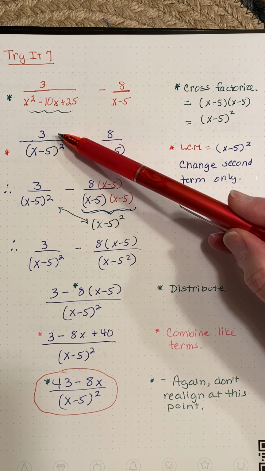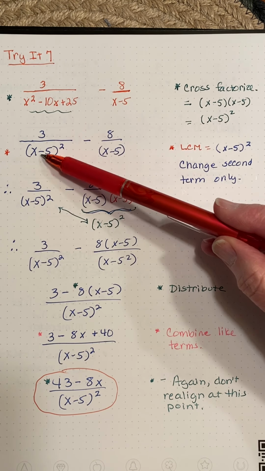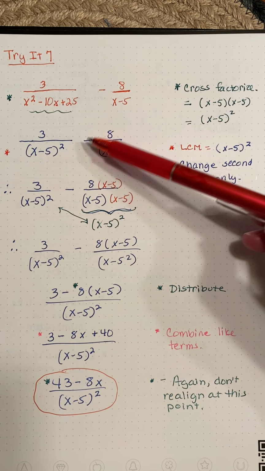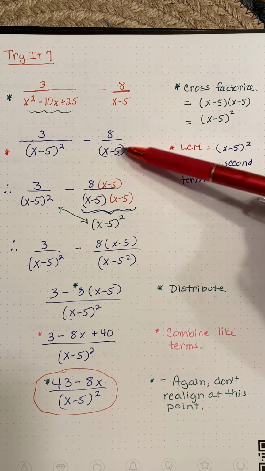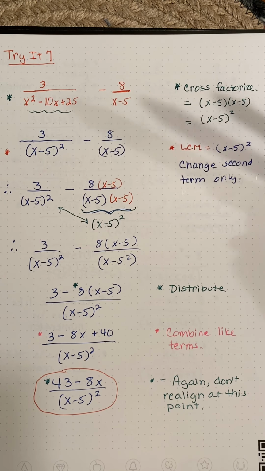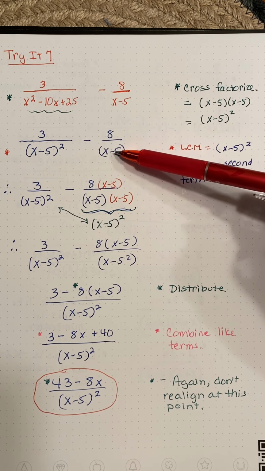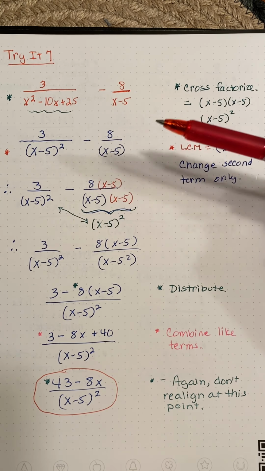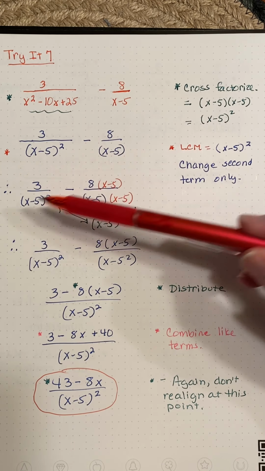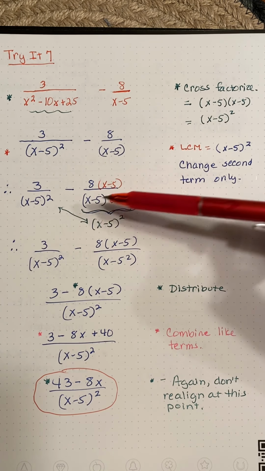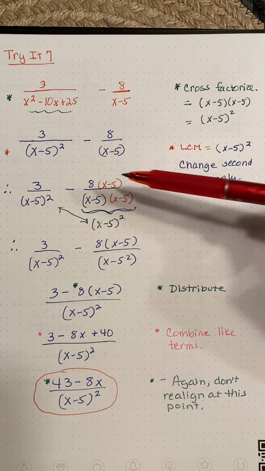So on this side, I have 3 over x minus 5 squared minus 8 over just one of them, x minus 5. So basically, I am going to need to multiply each of these values by another x minus 5 to get an x minus 5 squared in my denominator.